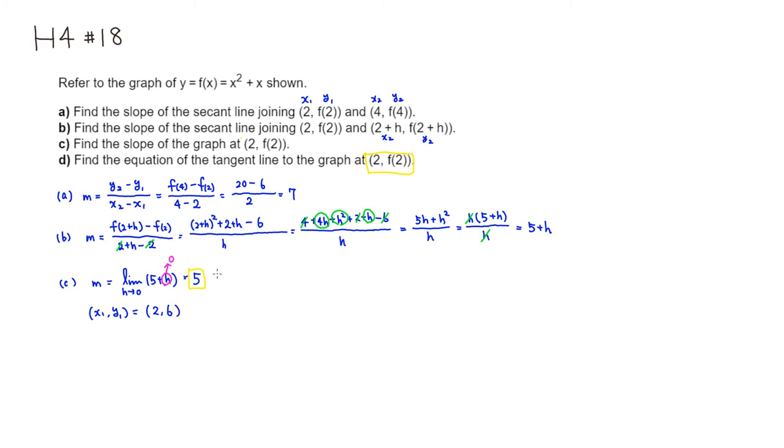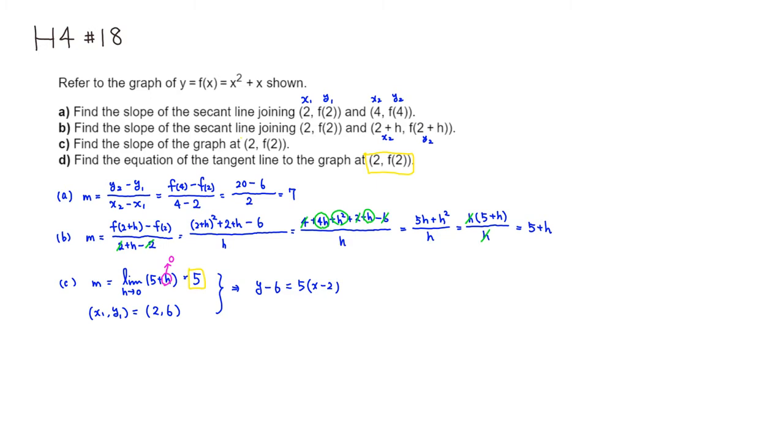By point-slope form, we have y minus y1, which is 6, equals m, which is 5, times the quantity x minus x1, which is 2.